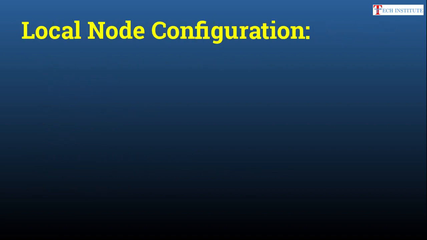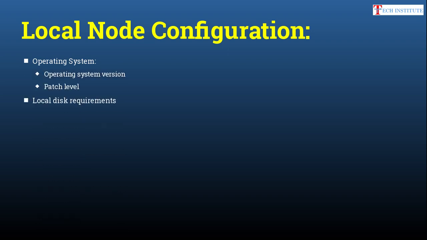Now, after you gather those previous parameters, you have to collect information about the local node configuration. In the local node you have operating system details like your operating system version and patch level, then local disk requirements. Here local disk means your root disk, and whether the root disk will have any hardware RAID configured, like RAID 0 for striping or RAID 1 for mirroring.